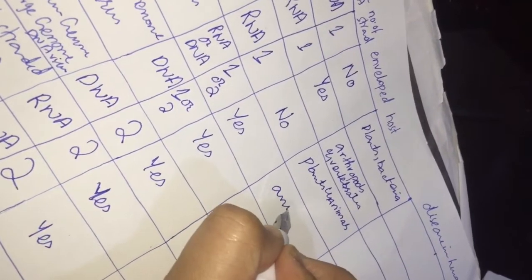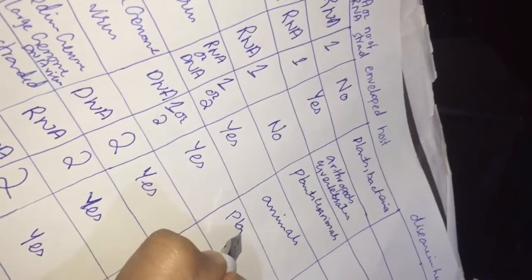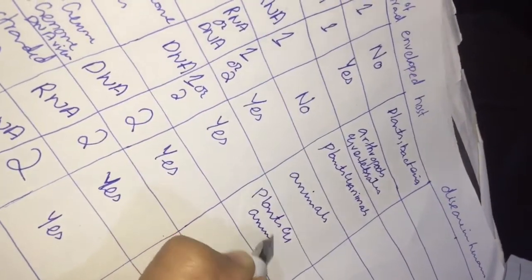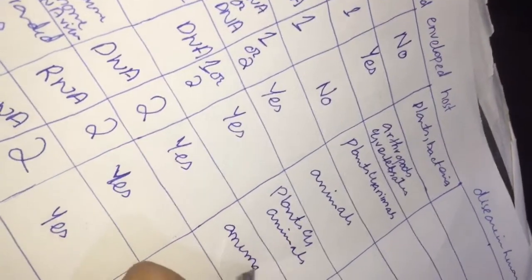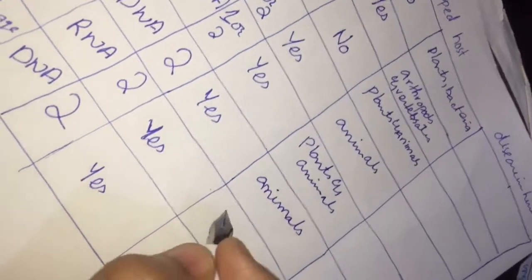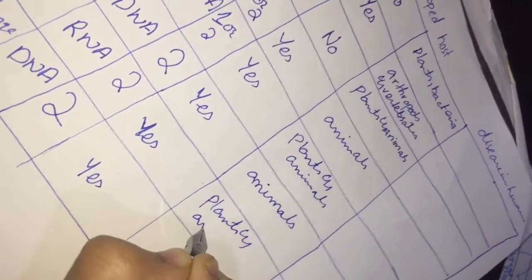Retrovirus infects animals. Small genome DNA virus infects plants and animals. Medium genome and large genome DNA virus infect only animals, whereas double strand RNA virus infects plants and animals.